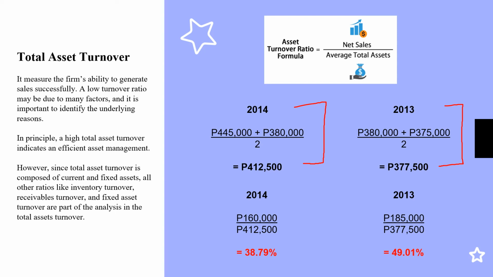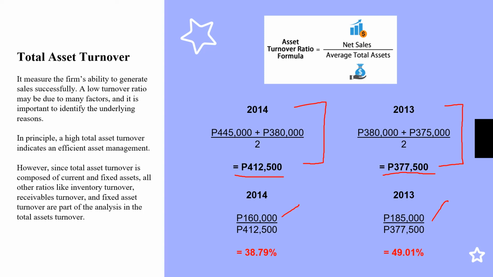So we have net sales na 160,000, then 185,000, then 412,000, ito yung nakuha nating average from 2014, and then 377,500 for 2013. So for 2013, ang nakuha nating asset turnover ratio is 49.01. And then for 2014, we have 38.79%. So as you can see, again, bumaba yung ating percentage from 2013 to 2014.